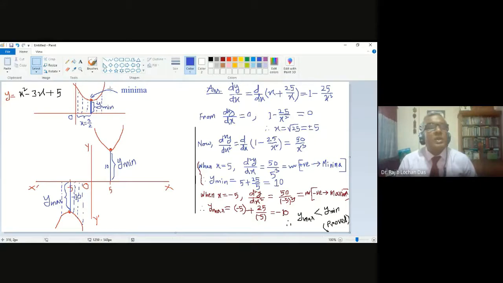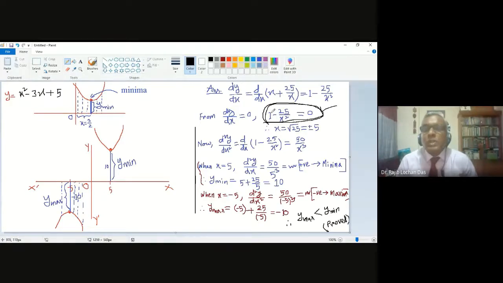Because if I give you some question, in this level, that is the x finding level, where dy/dx equals 0, you are getting something more complicated, maybe sin x, maybe e to the power x, maybe ln x, and in that you are unable to find the x value.